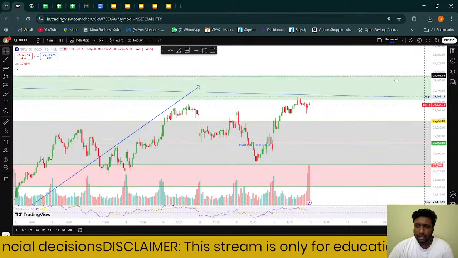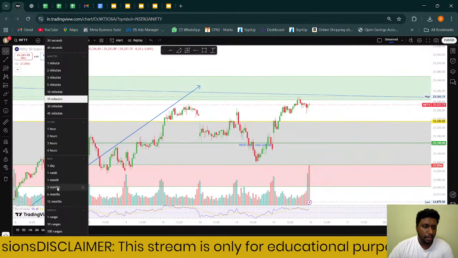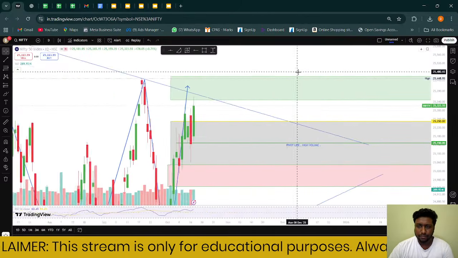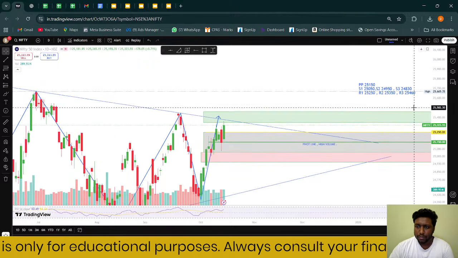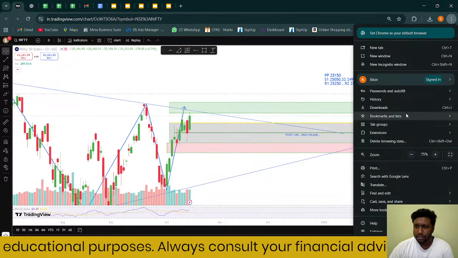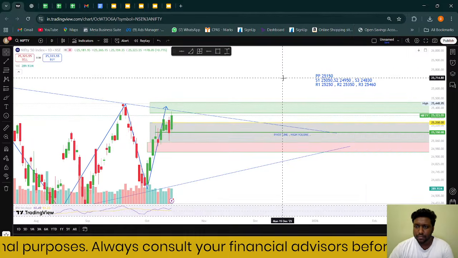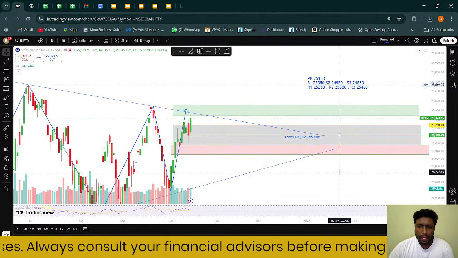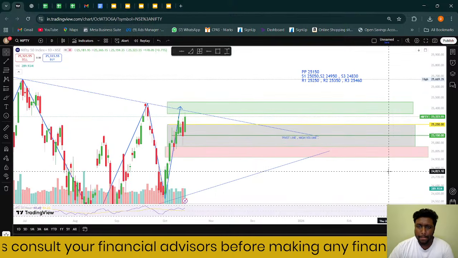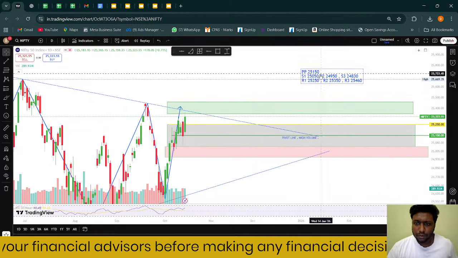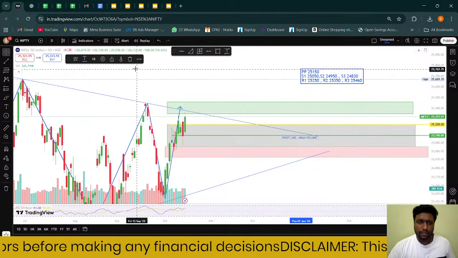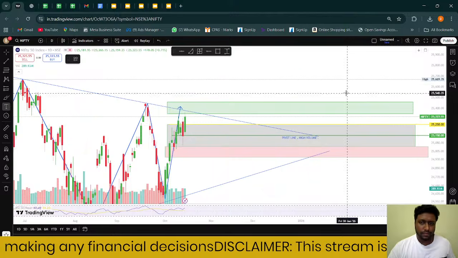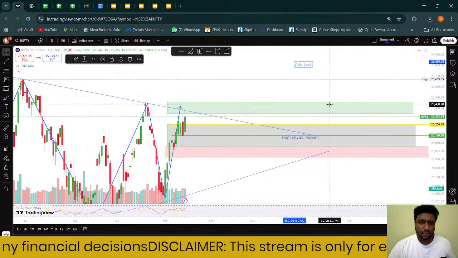So let's plot out today's levels with respect to our pivot point for the day. I hope that my screen is visible. Yesterday's levels were these, so let's mark today's levels.